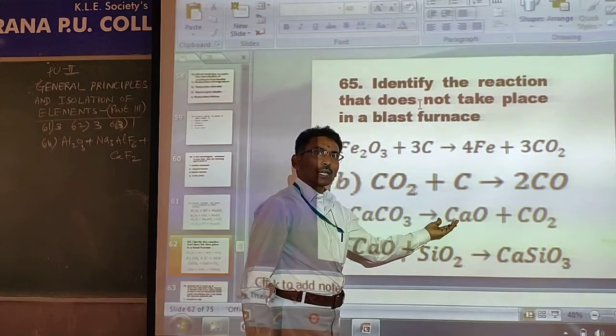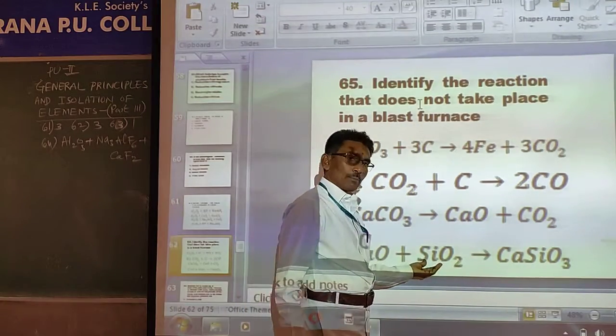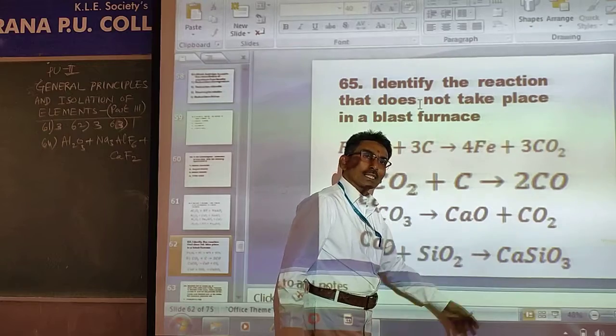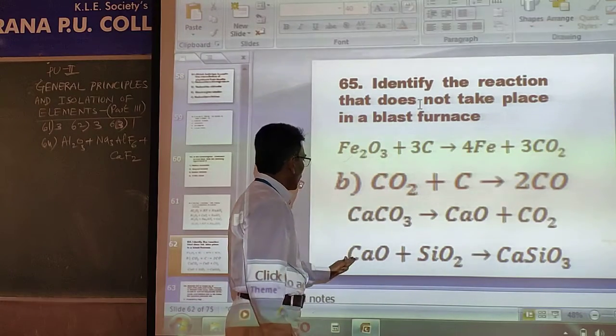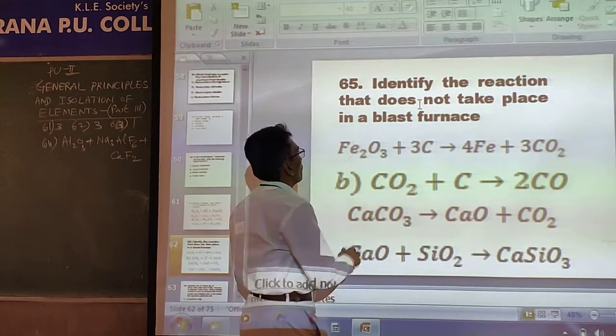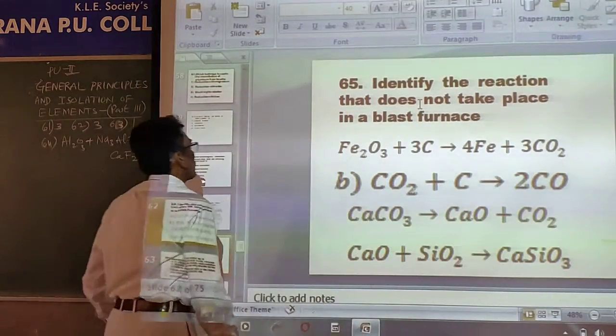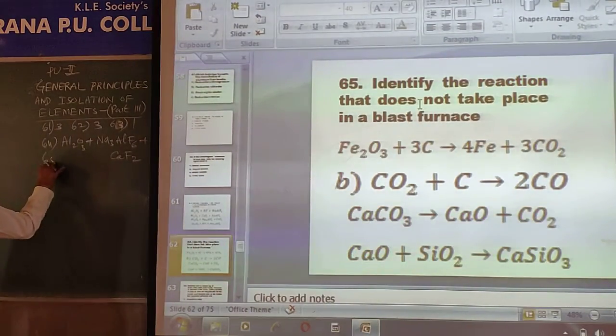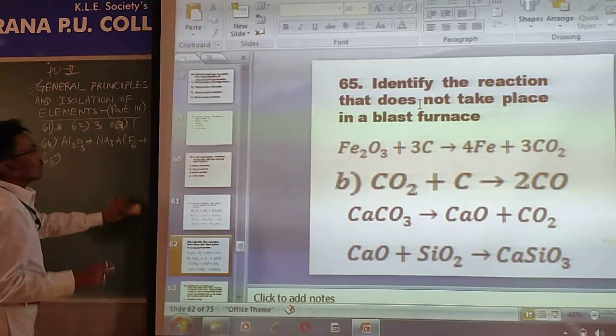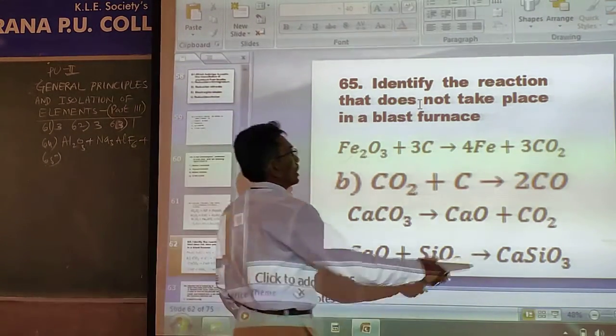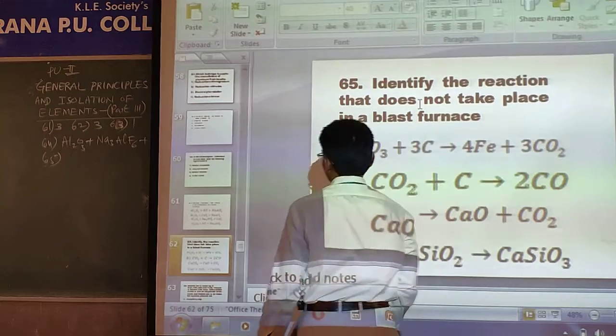Calcium oxide is used as a flux to remove silica impurity in the form of slag, CaSiO3. So B, C, D are correct, but this one is wrong. That is the answer to the 65th question. The correction is that CO2 is wrong, CO is correct.